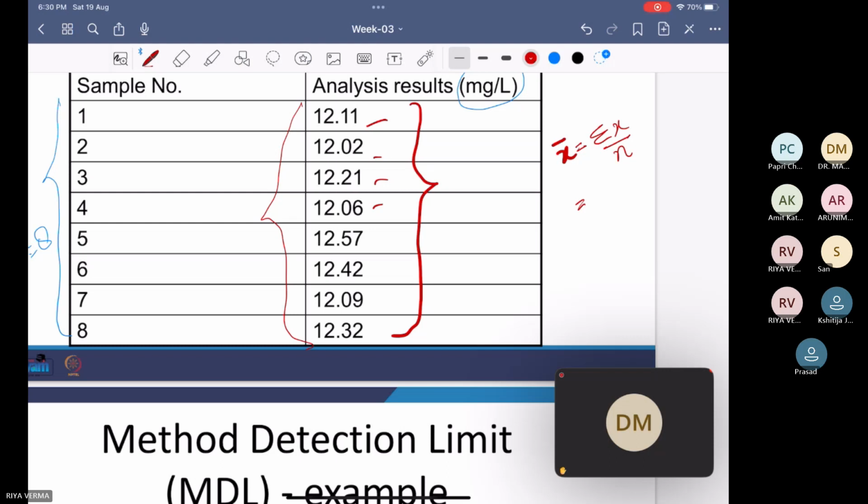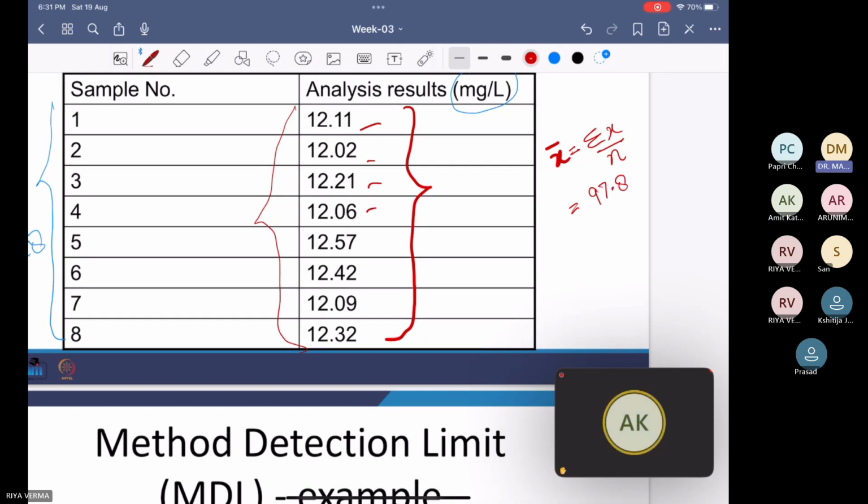Calculate किया किसी ने? How much this is coming? Summation of these, 97.8. Divided by 8, value कितना आ जाएगा? 12.22. ओके, 12.22.